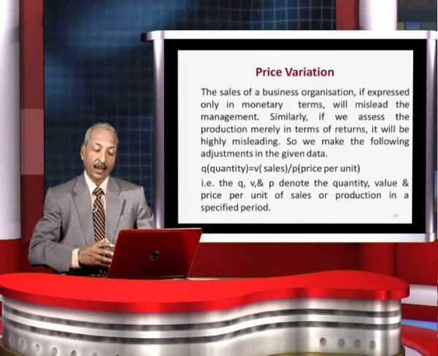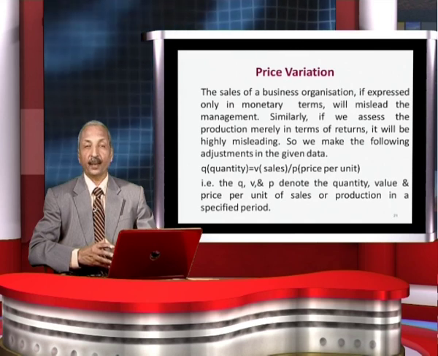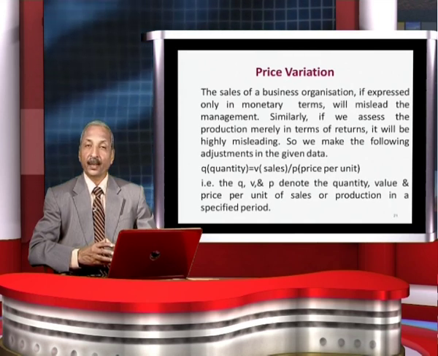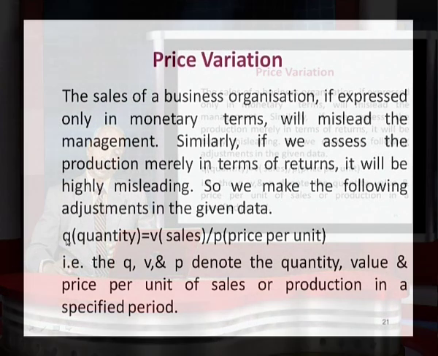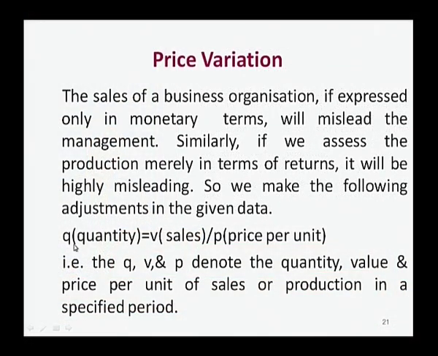When the data on the sales and price per unit are given, we change these data by using this simple formula: Q equals V divided by P. Here Q, V and P denote the quantity, value and the price per unit of sales or production in a specified period.